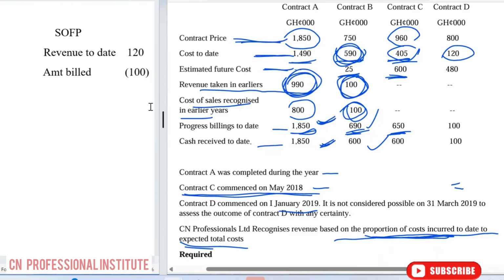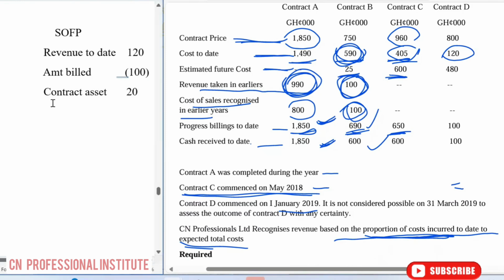We will deduct and we have 20. Okay, as our contract asset. Contract asset of 20, which we record in the statement of financial position as current asset.